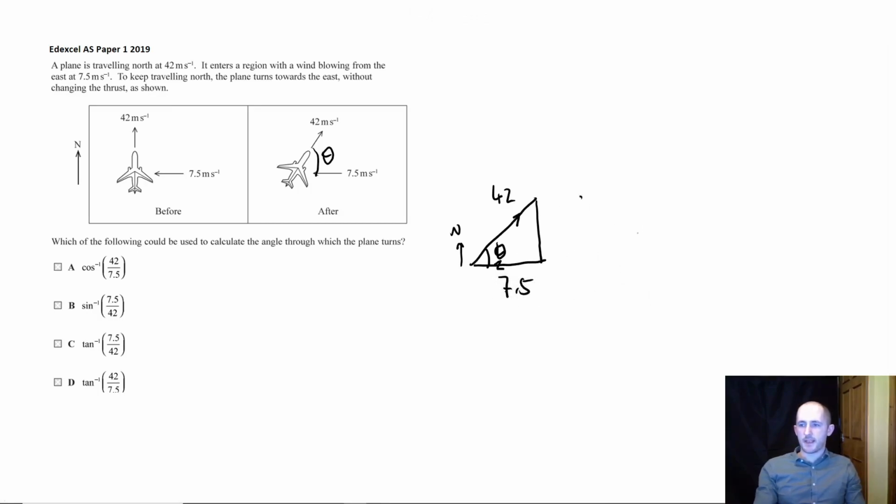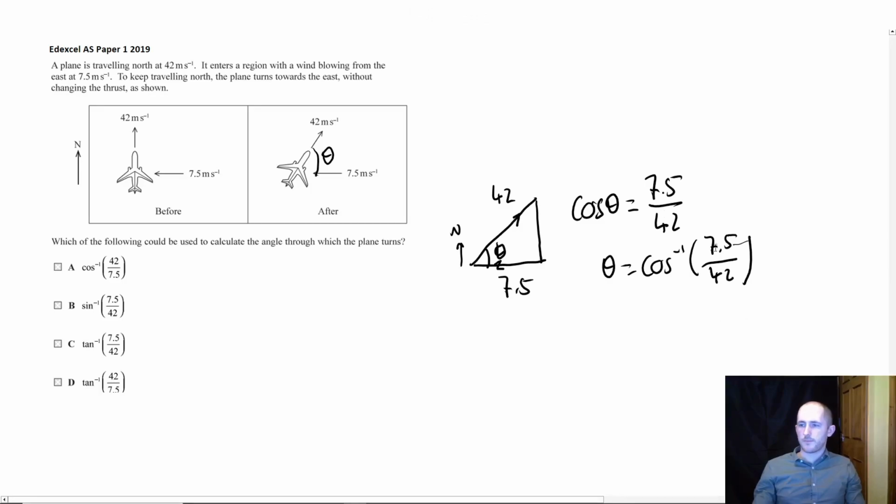So to work out theta here, it's just rudimentary trigonometry. So theta should equal inverse cos 7.5 over 42. Right? The adjacent sides over the hypotenuse. So the question is, why is that not one of the answers here?